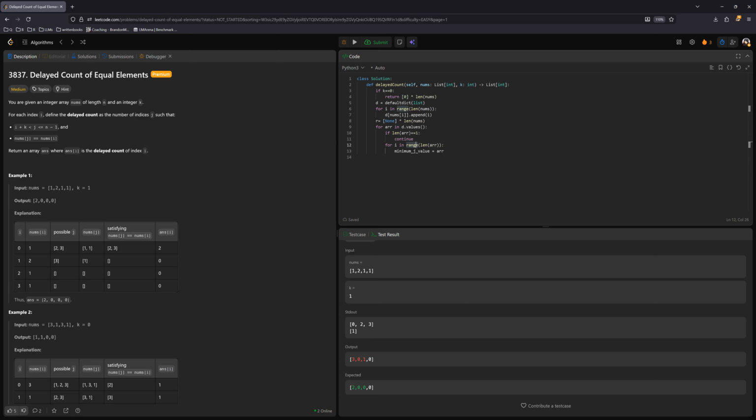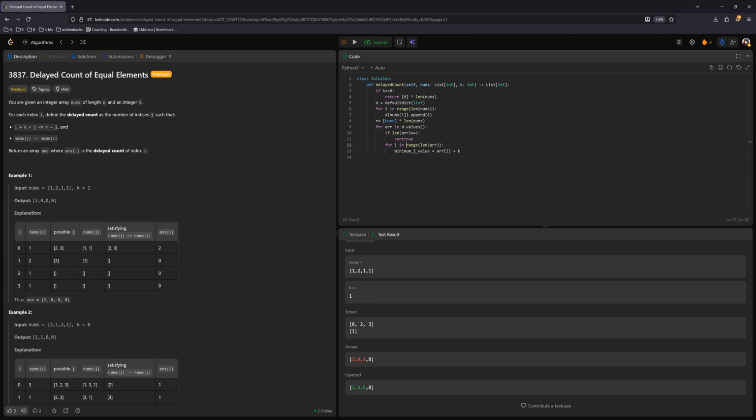For I in range length of ARR, minimum J value equals ARR of I plus K, right? Yeah, because it has to be less than, not less than or equal to.